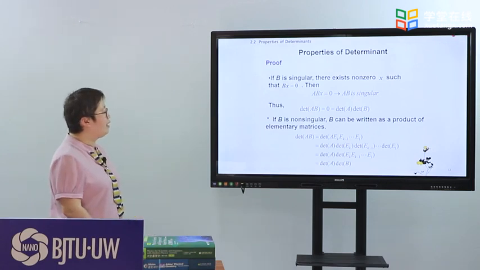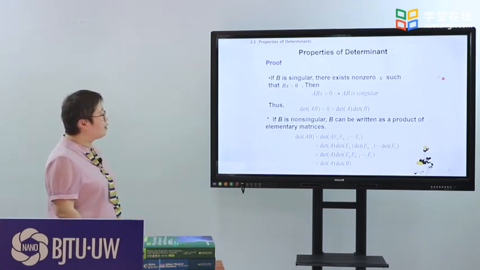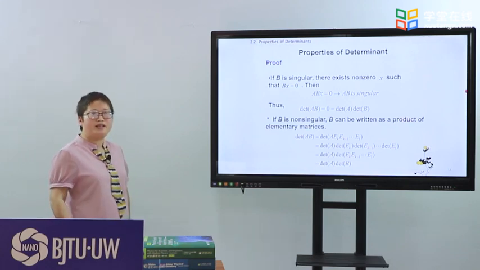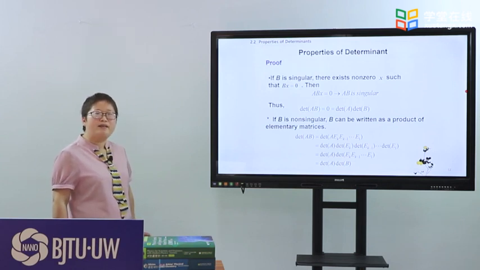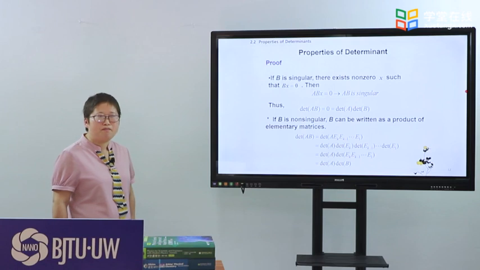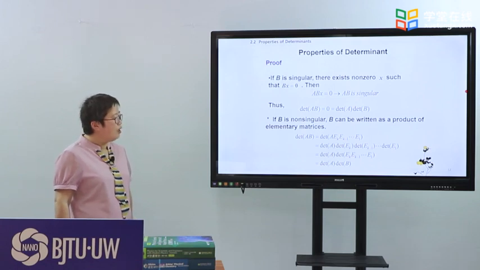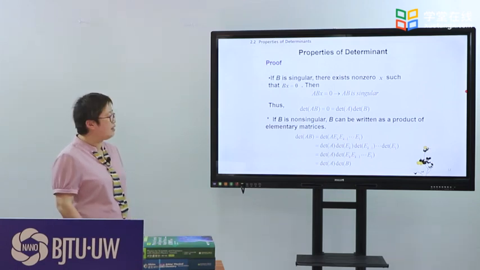Another case, if B is non-singular, then B can be written as a product of elementary matrices because after finite times of row operations, we can transform B into identity matrix.